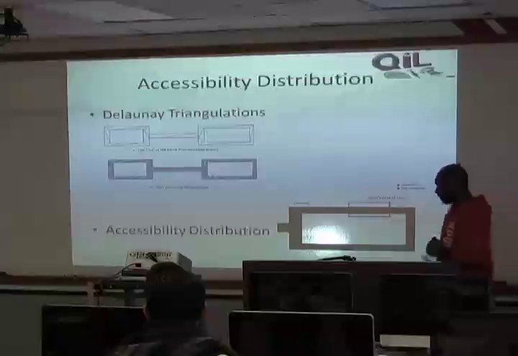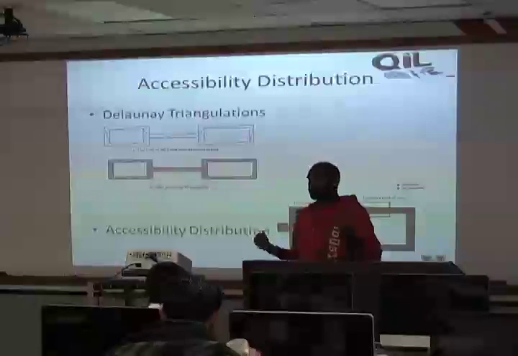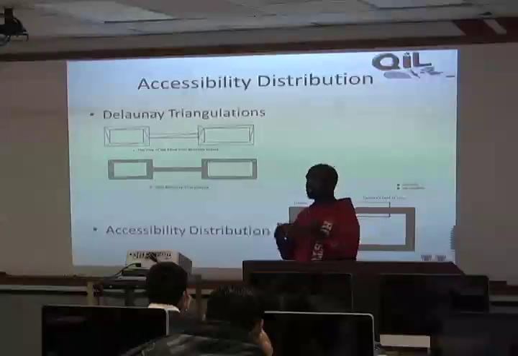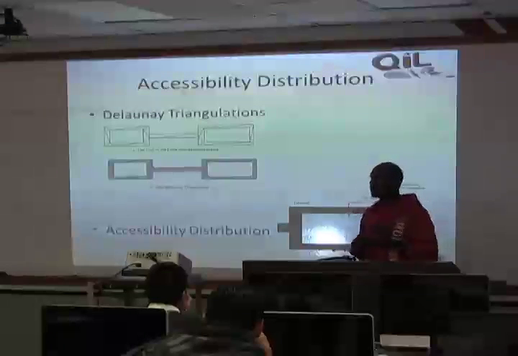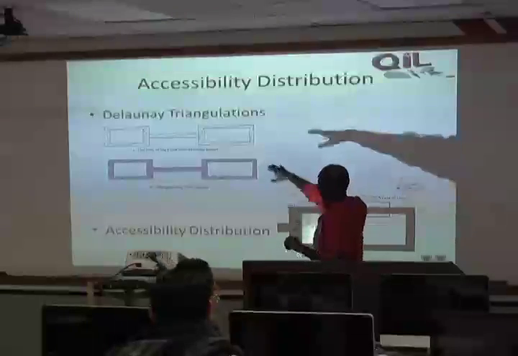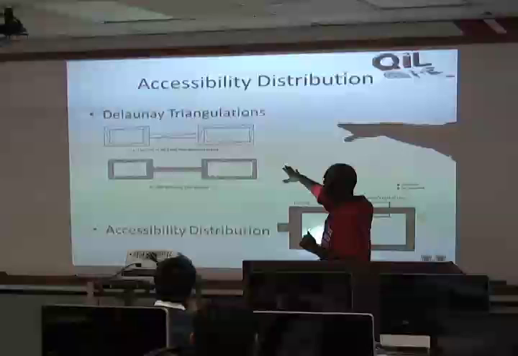Now the next question was, we have a 3D model and we also have cameras in them. What we wanted to know was, is there a distribution to the floor or the location where the camera is present? Do people tend to access certain parts of the floor more often than the others? So, that is the model of the floor, and we can break that into small triangle meshes using dynamic triangulation.